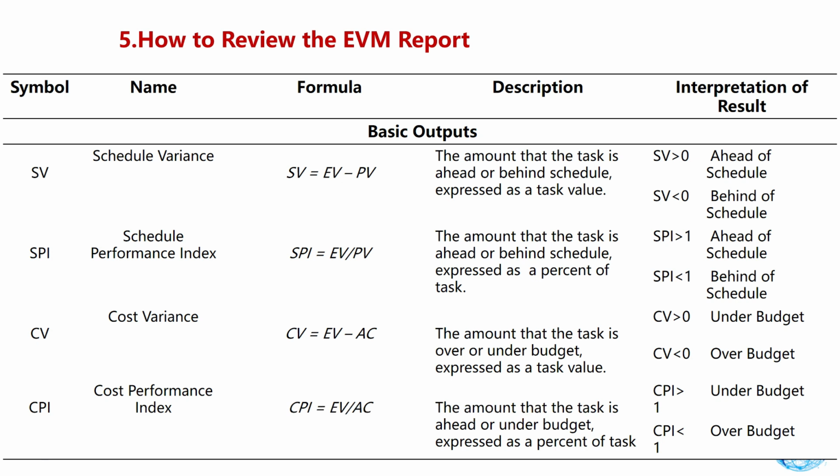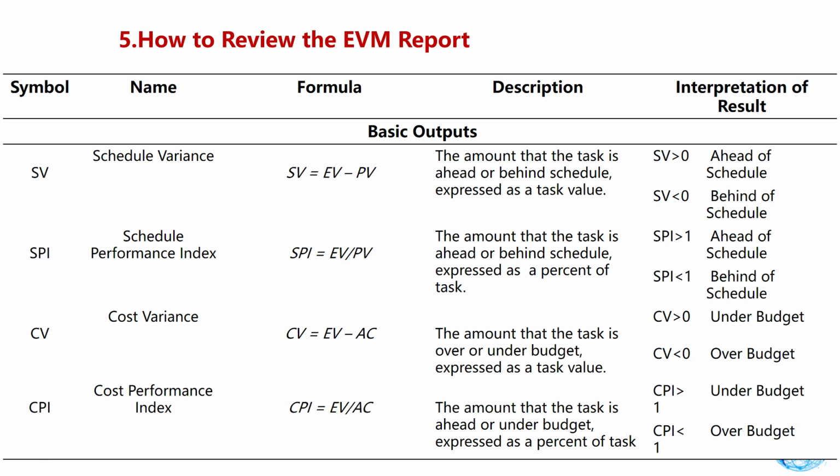SV > 0: ahead of schedule. SV < 0: behind schedule. SPI. Schedule Performance Index. SPI equals EV/PV. The amount that the task is ahead or behind schedule, expressed as a % of task. SPI > 1: ahead of schedule.